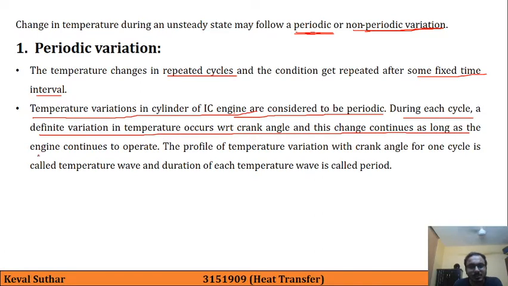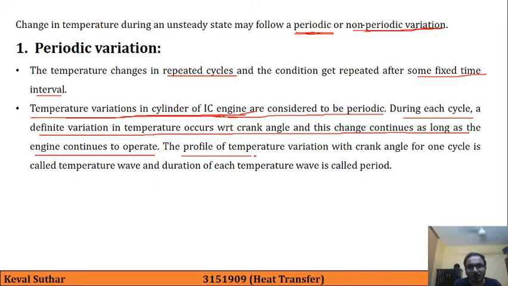continues as long as the engine continues to operate. So as the IC engine is operating in 4 different strokes, and working continuously on these 4 strokes, the temperature profile will be periodic, because periodic variations are observed.